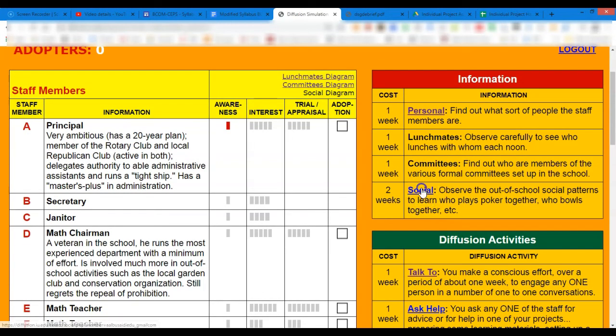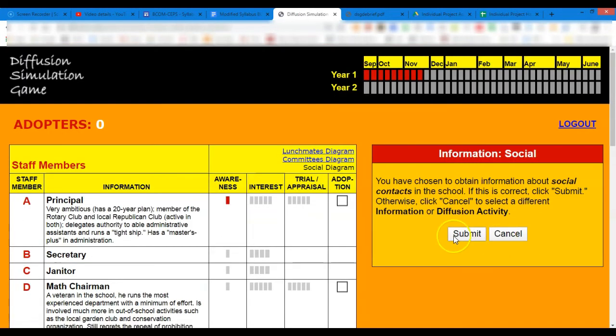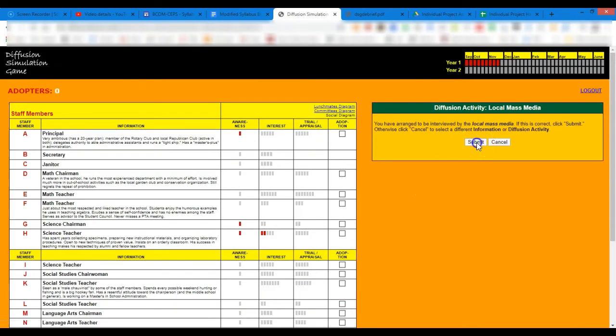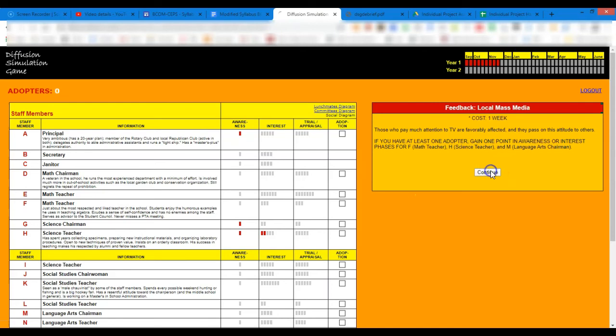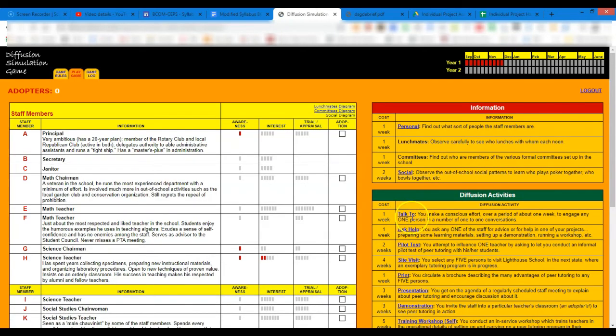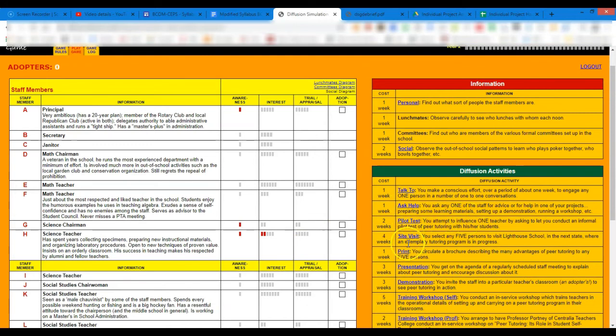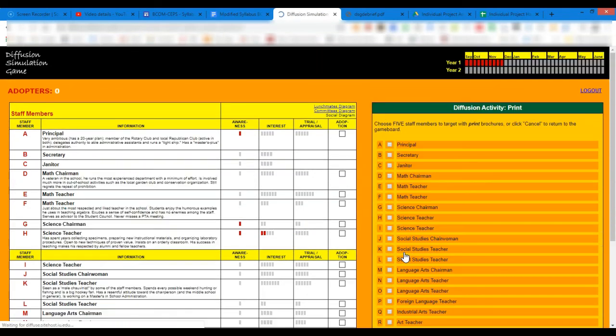I will do it randomly, but I want you to read carefully. Local media, local mass media, I want people to have mass media about the innovation. It will cost me 1 week. Now, when I did that, nothing much happened. You can go to print media, say print.